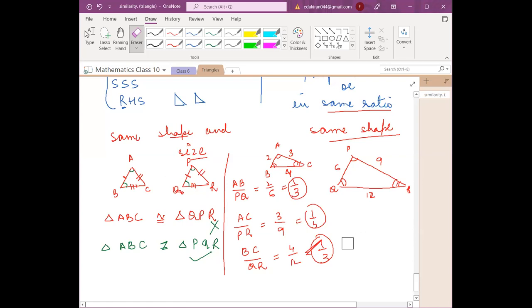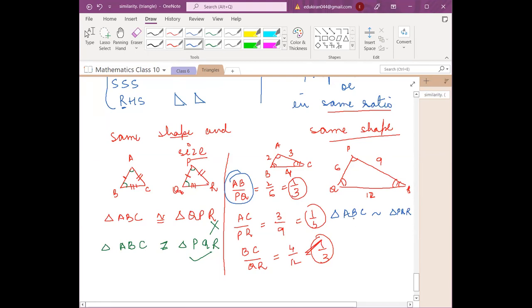Let's say you don't know that the angles are equal, but you know these sides are in proportion. So how will you write? You will write like this. I'm telling you, pick up the first any ratio. Write it like this, two triangles, similarity sign. So first one AB, and then here PQ will come. And then the third one, C, and here you have R. So this is the correct way of writing.